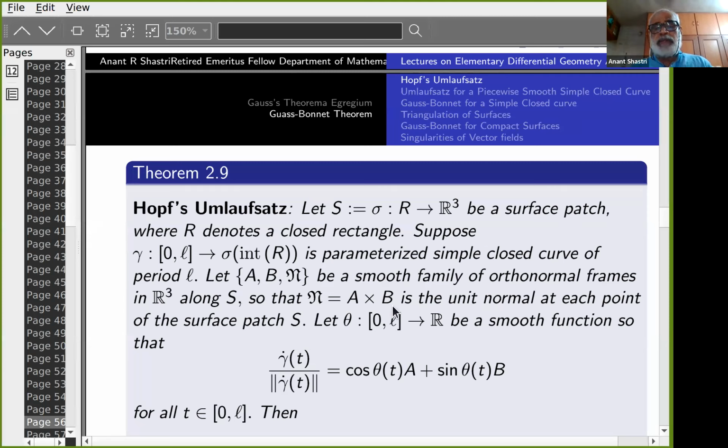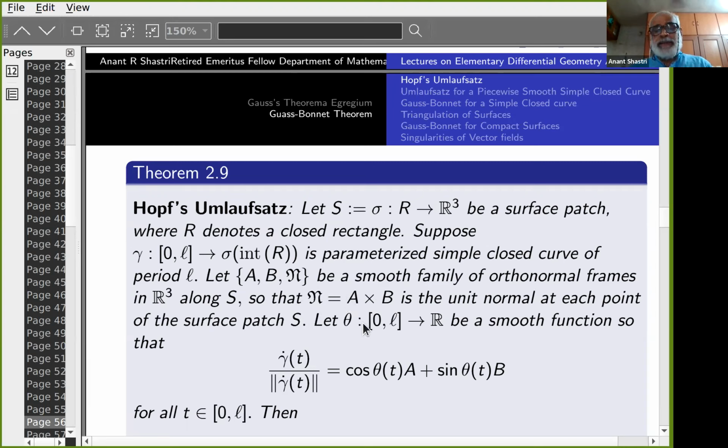N I am taking as A cross B, the unit normal at each point of surface S. Automatically it will imply that A, B span the tangent space. This is always possible in the case of a surface patch. That we have seen. In the case of an arbitrary surface, I have to make this as a hypothesis.